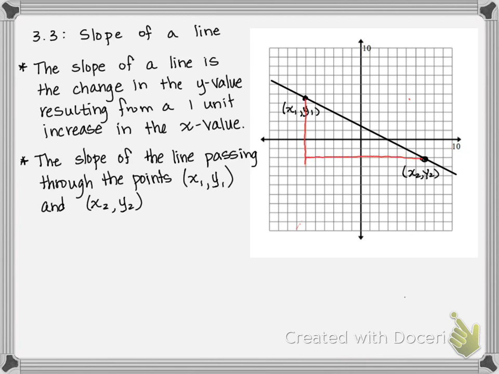The slope is given by m equals, so the slope is typically represented by m, and it is the change in the y values divided by the change in the x values, just like we saw. So to find the change in my y values, well, if you're on an elevator and you start at floor 3 and you end at floor 9, what's the change in your elevation?